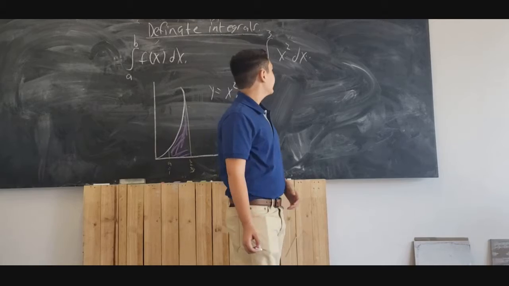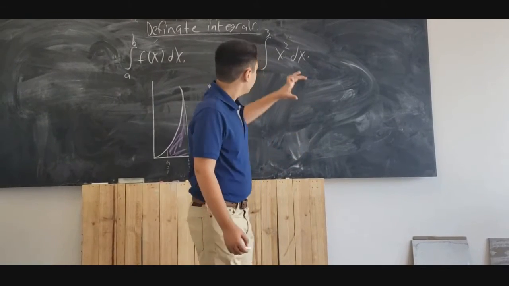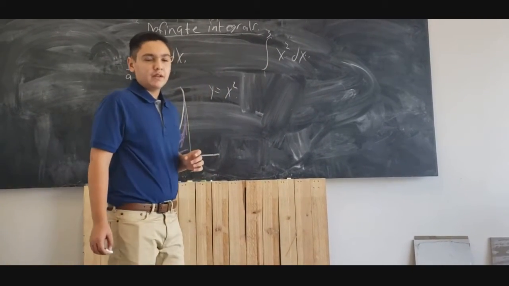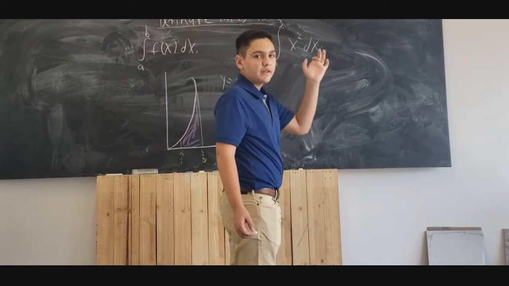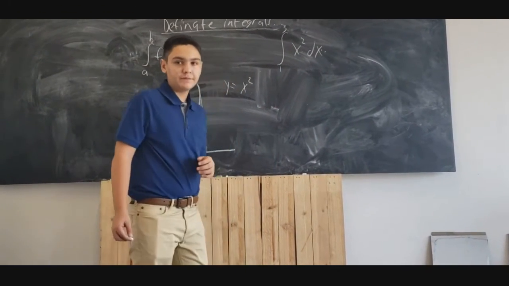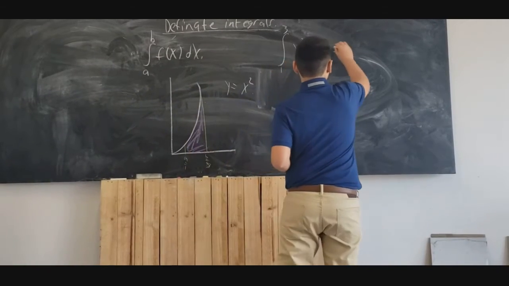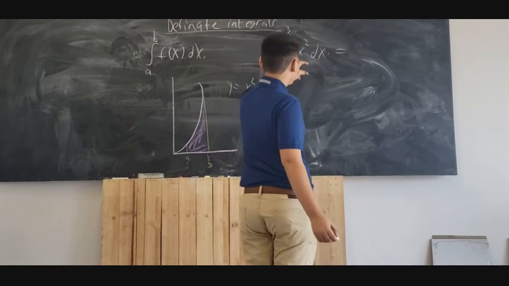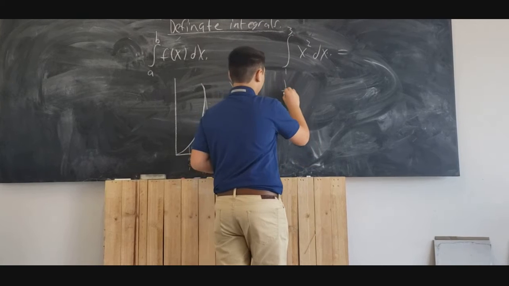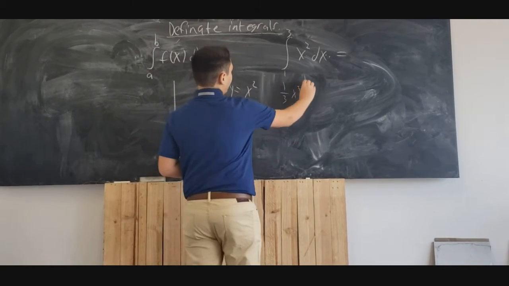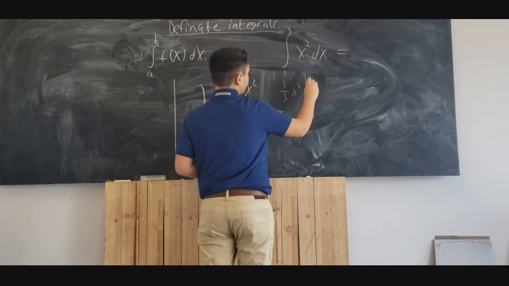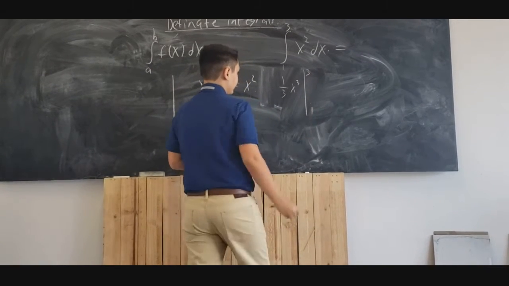Then we're going to plug in the boundary terms, and subtract the lower term from the higher term. So just integrate this. This would be 1/3 x cubed, because we use the power rule. But then we need to evaluate it from 1 to 3.